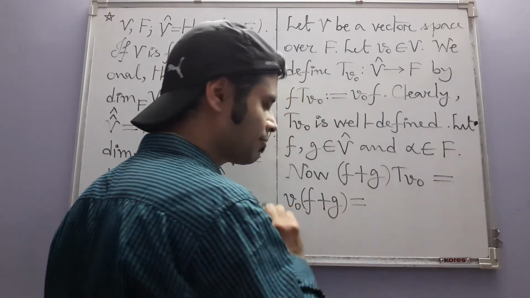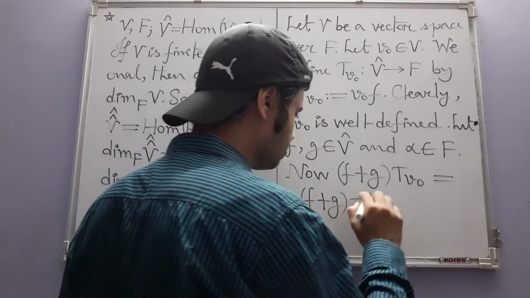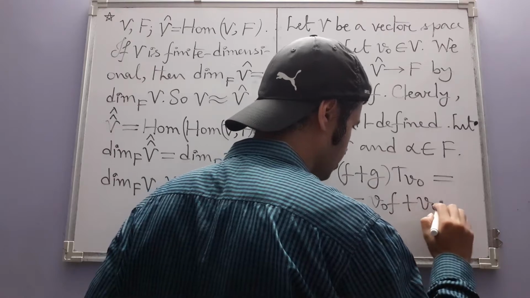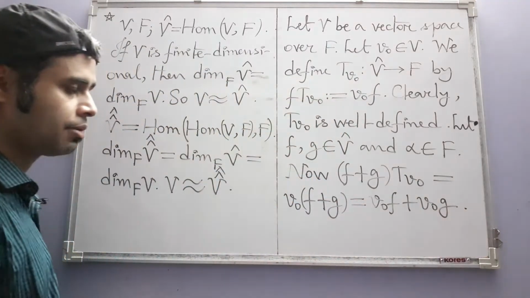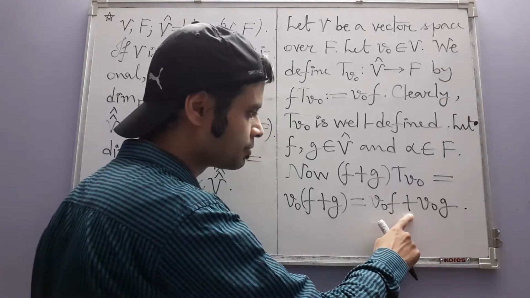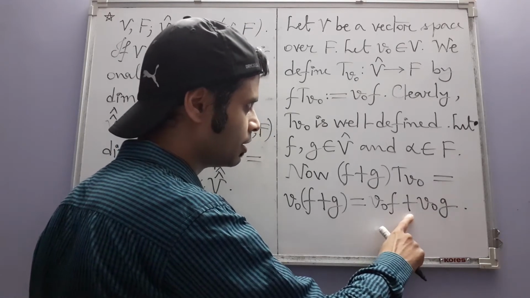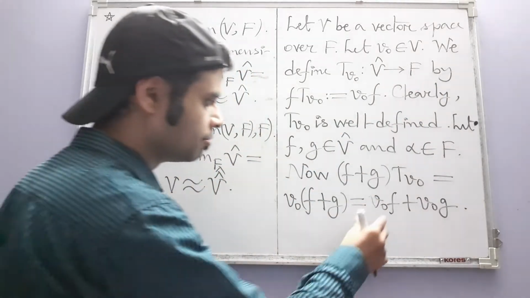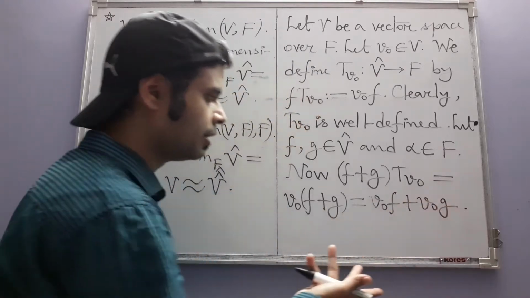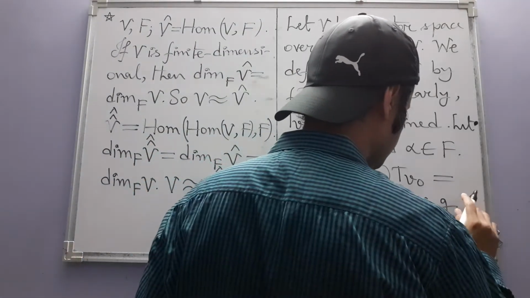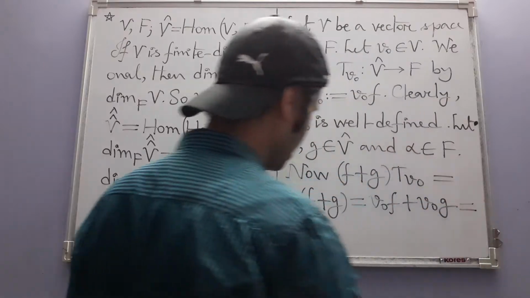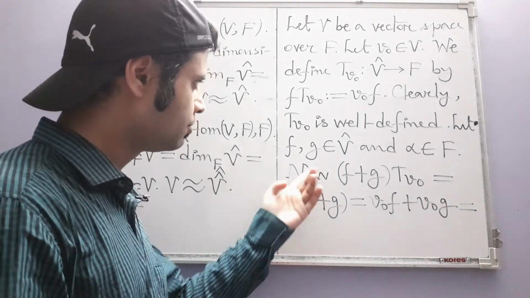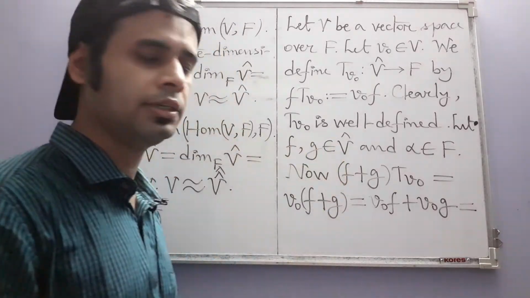This is equal to, because these are after all functions applied on v naught, this is equal to v naught f plus v naught g. And by the way, what is this plus? This plus, note carefully, is actually the field addition. Why? Because these objects are field elements. But why has this plus turned into this plus? That is because that is how addition has been defined in v hat. That's why.